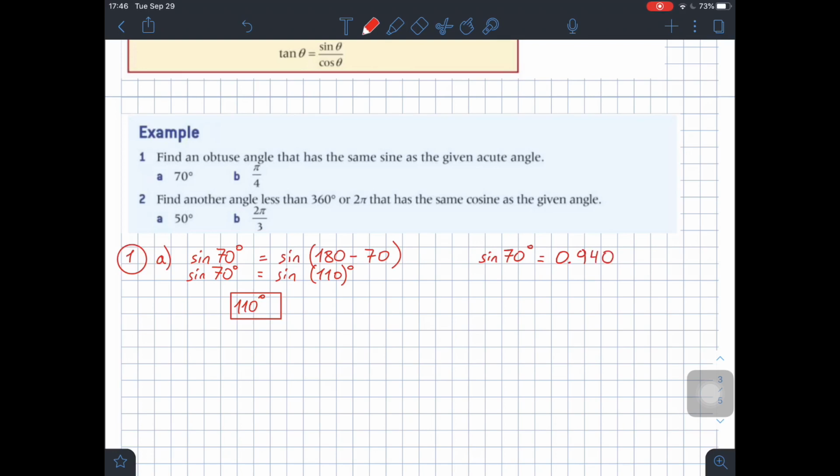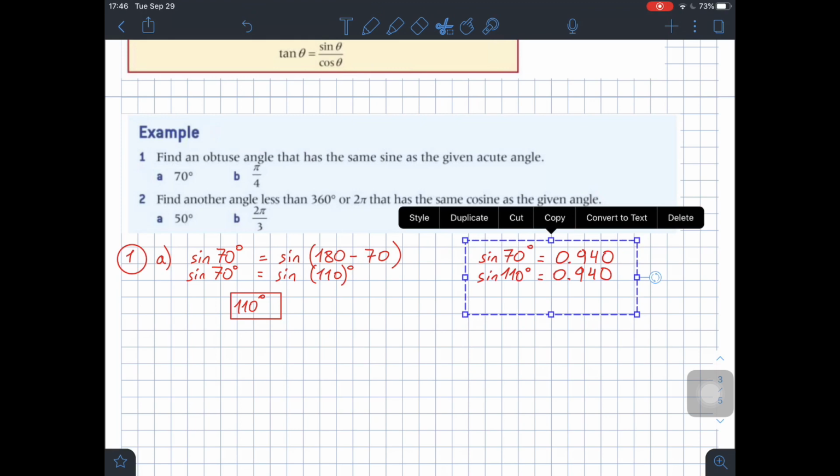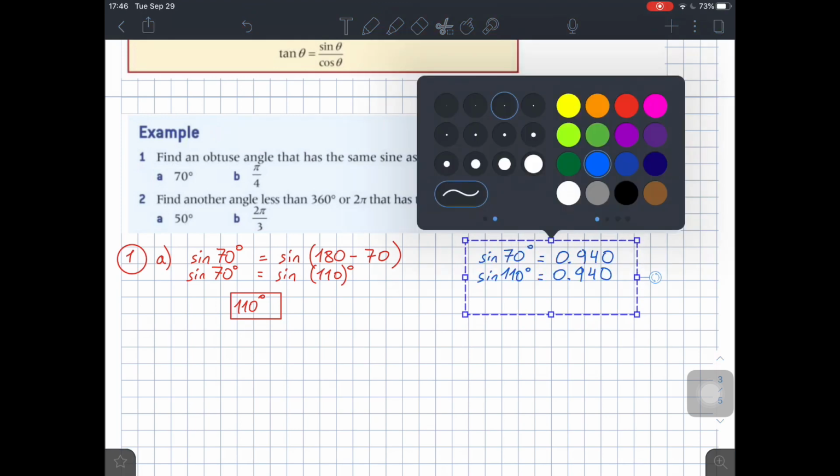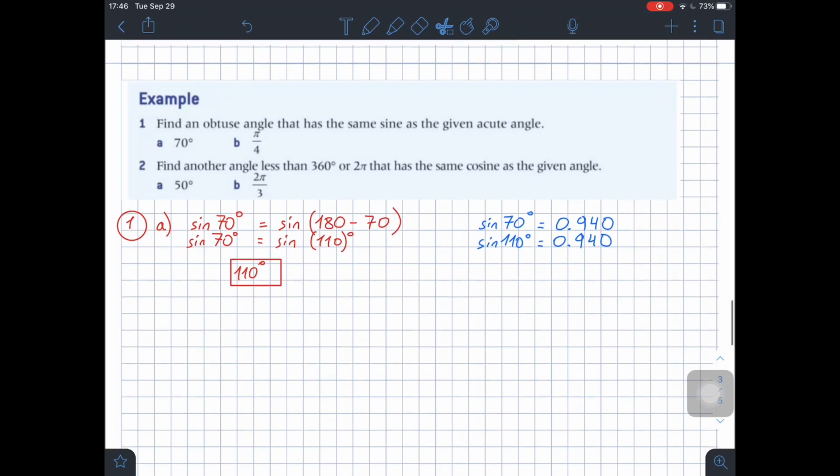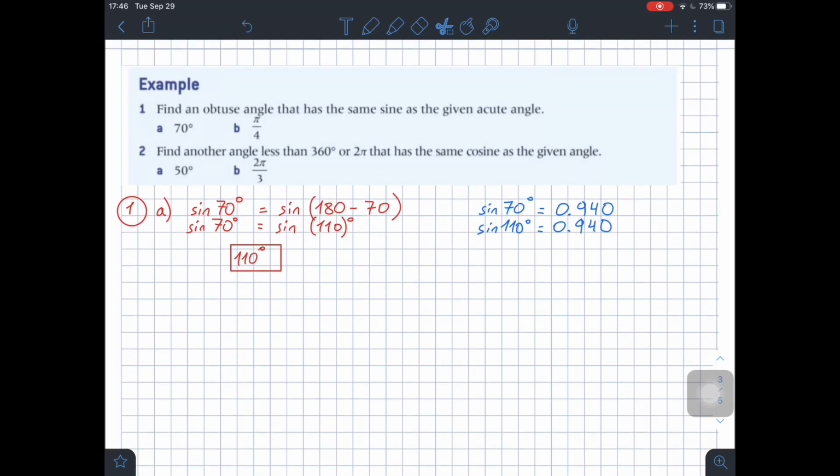And if you do sine of 110, you should be getting the same value, again equal to 0.940. So this is a way to prove that your result is correct. Okay, so I'm going to leave that in blue. Now let's do part B.